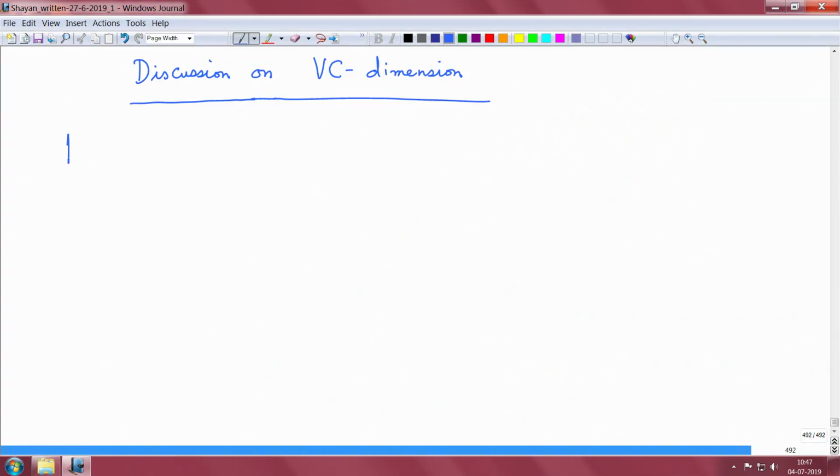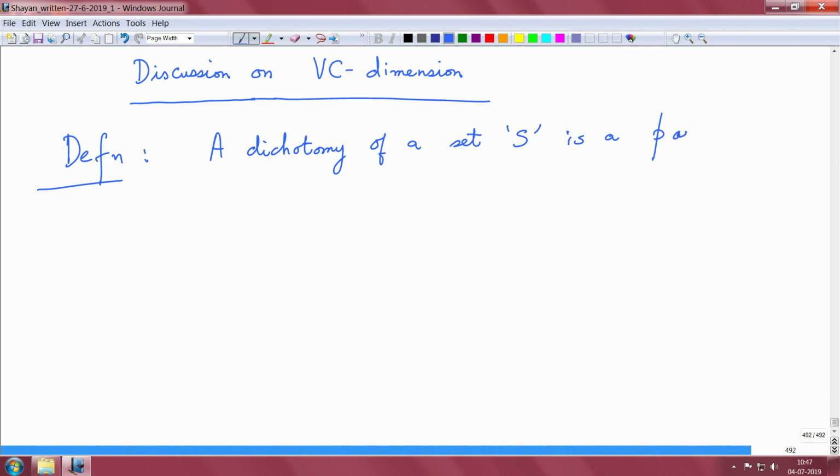So, definition: a dichotomy of a set denoted by S is a partition of S into two disjoint subsets.